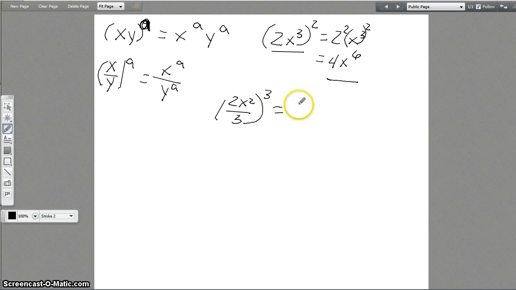So 2 cubed is going to be 8. X squared cubed is going to be x to the 6th, because remember we multiply our powers. And then 3 cubed is 3 times 3 is 9 times 3 again is 27. So that's going to be over 27. Everything inside the parentheses has to be raised to the power that's listed outside the parentheses.